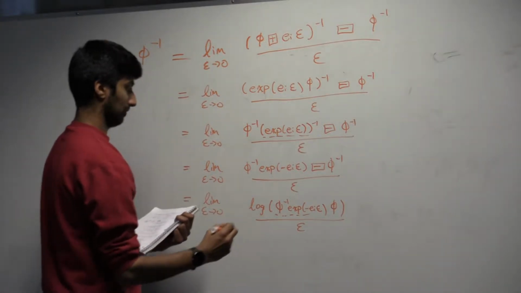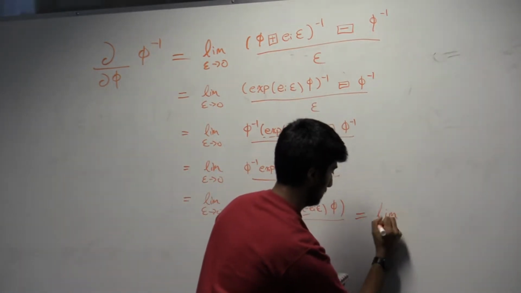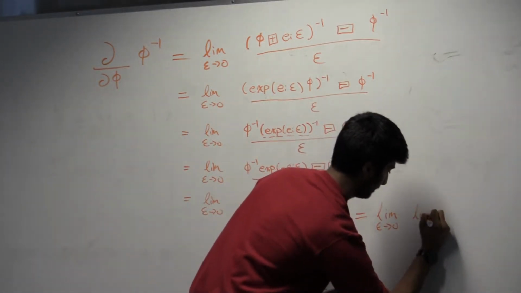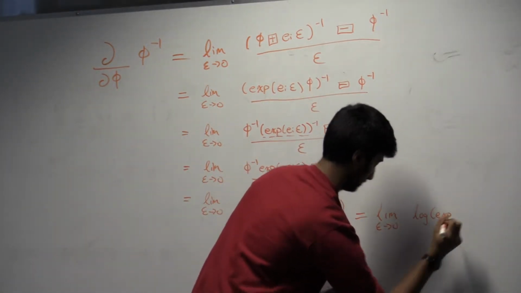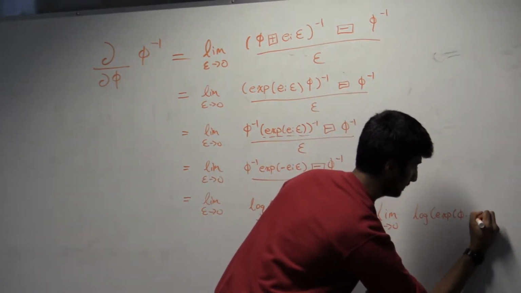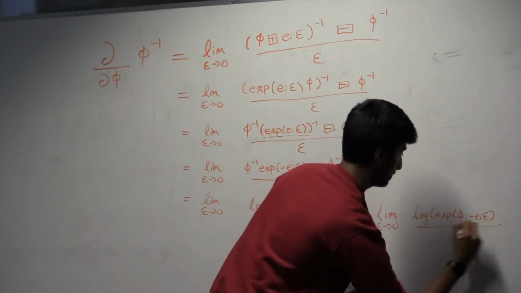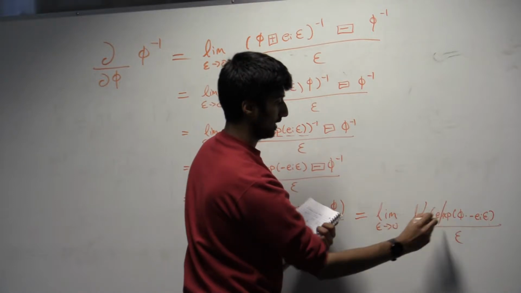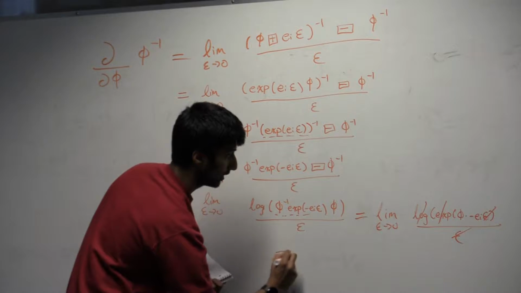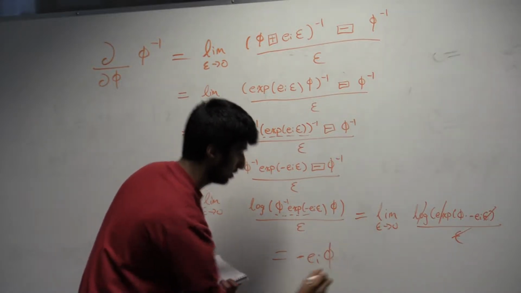So then I'm going to continue over here, which becomes the limit as epsilon goes to 0 of log of the exponential map of phi times negative EI epsilon over epsilon. Your log and your exponential cancel, the epsilon and the epsilons cancel, and then you're left with negative EI times phi.